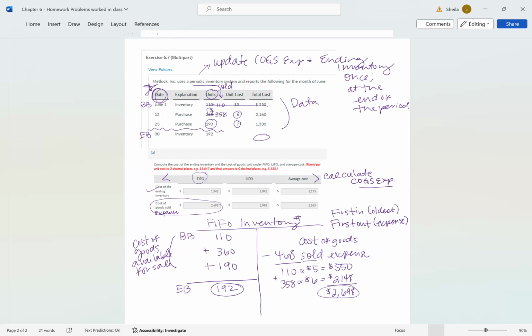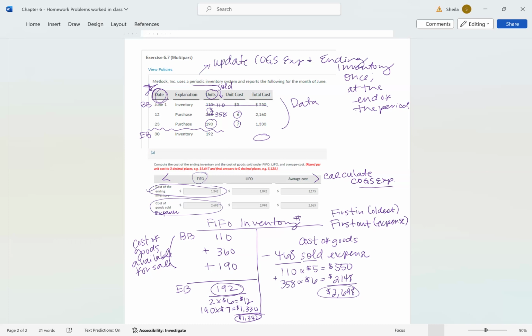And so when I think about what makes up that 192, I have 2 at $6, which equals a whopping 12 bucks. And then I've got 190 at $7, which equals 1,330. And if I add those together, I get 1,342. And that is my cost of ending inventory.